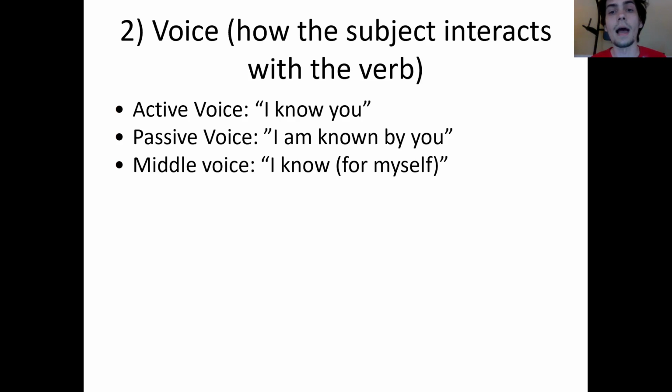Middle voice is I know for myself. The subject does the verb to the subject. So I do it for I. We'll talk more about those at a later date, but now you only need to think about the subject doing the verb to something else.